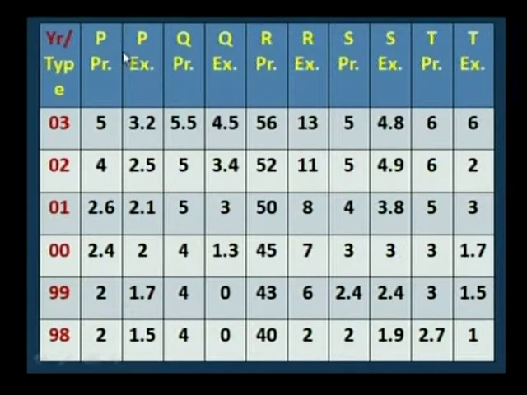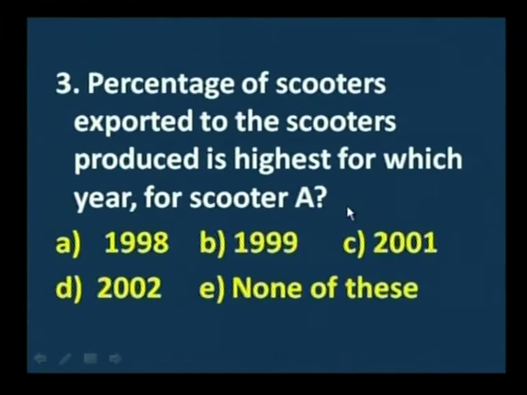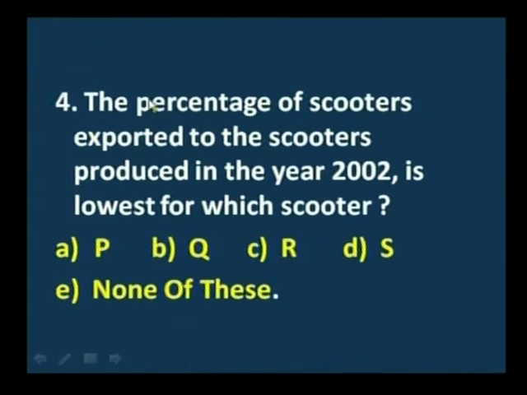It corresponds to which scooter, that is what you should identify. Whichever is maximum, is it corresponding to type B, P, Q, R, S, T. So, whichever it is corresponding to, that is the required answer. So, the percentage of scooters exported to the scooters produced in the year 2002 is lowest for which scooter, whichever is having least, the corresponding scooter type will be the answer.